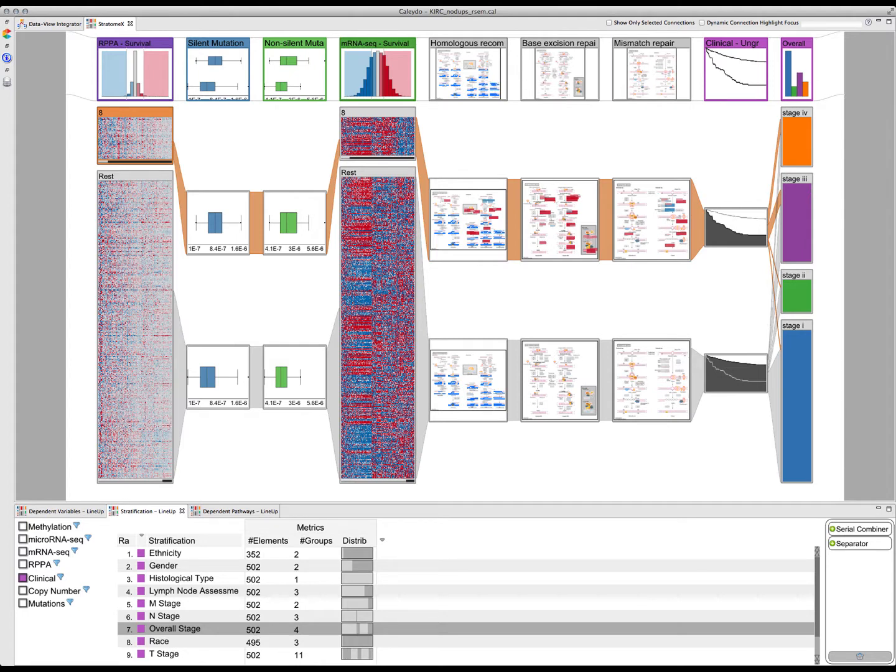It turns out, after ranking, that stage 3 and 4 have a very high overlap with this cluster. It's hard to see here, but there are basically only stage 3 and stage 4 patients in this cluster number 8. That's why their outcomes are so much worse.